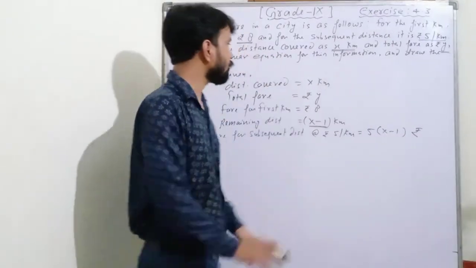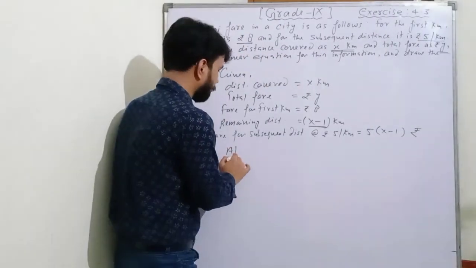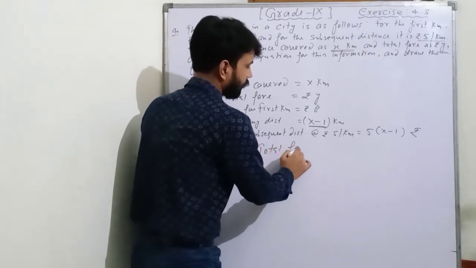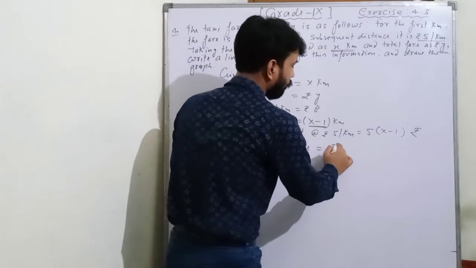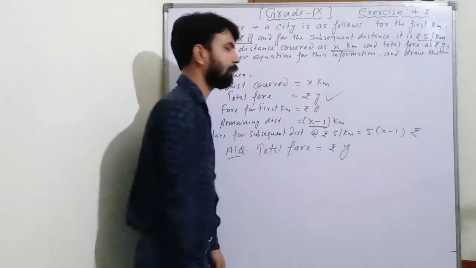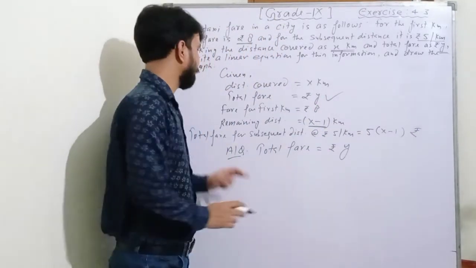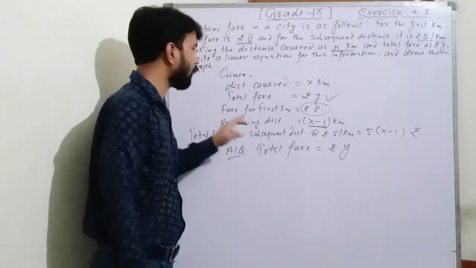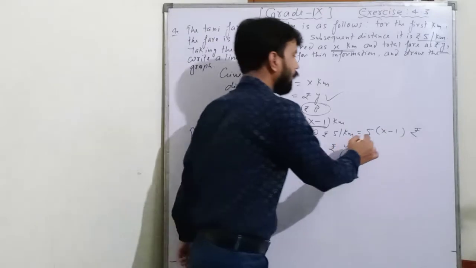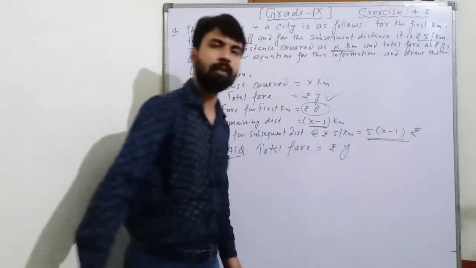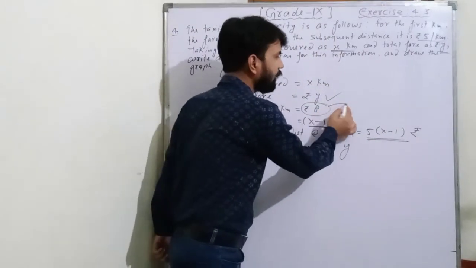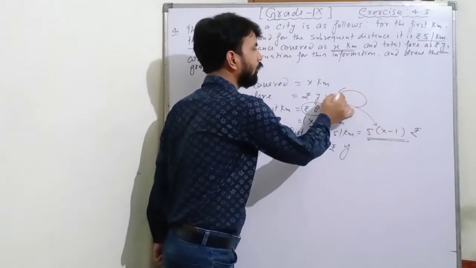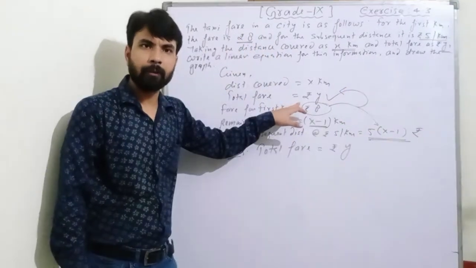Got it? Now see, according to question, total fare that is given ₹y. Total fare is given ₹y. But see, for the first kilometer I paid ₹8, and for x minus 1 kilometer I have already paid 5 into x minus 1. That means if we will add this ₹8 to 5 into x minus 1, then it will be equal to y rupees, total fare.